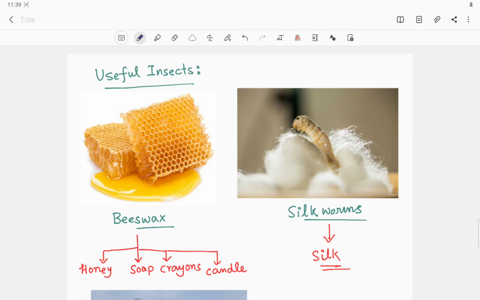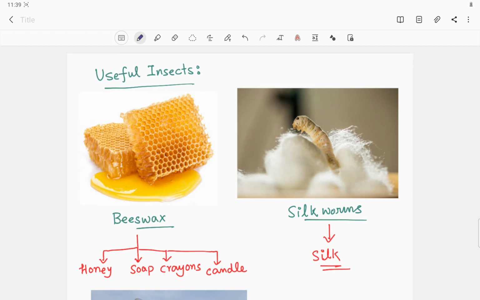Beeswax is used to make different products like candles, soap, crayons. What are crayons? When you draw a picture using pastel colors, they are also called crayons.